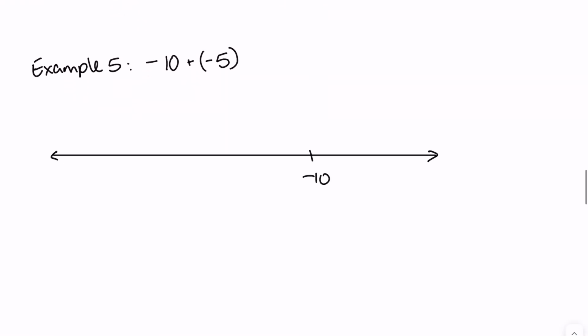For our next example, we have -10 plus -5. So remember, if we have two different symbols or two different signs next to each other, the product is going to be negative. So we can rewrite this as -10 minus 5. So we're going to put our dot above the first number, the -10, and we're subtracting 5.